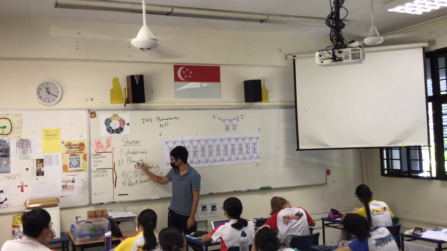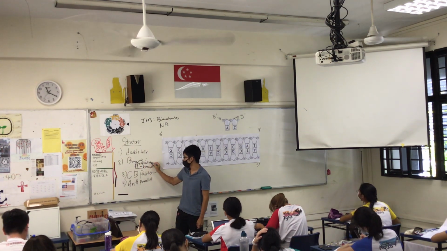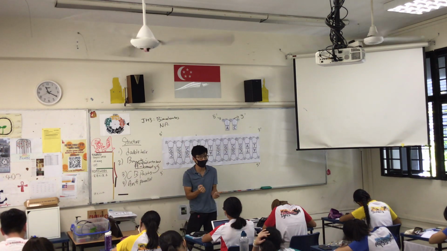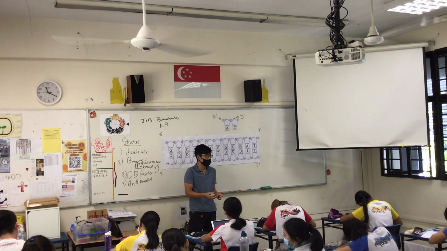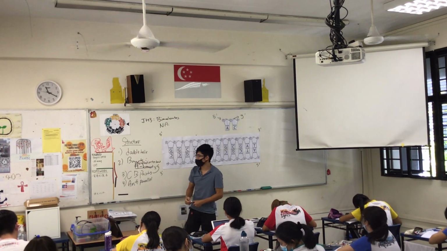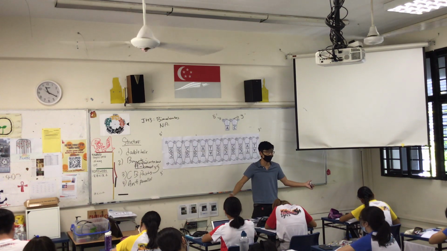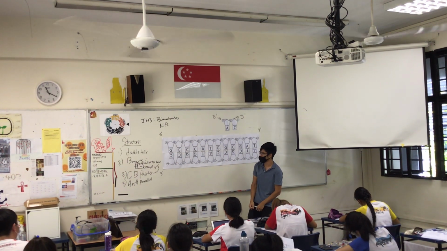If we talk about bonds, there are phosphodiester bonds found between nucleotides holding them together. They are a form of covalent bond, which is quite strong. Hydrogen bonds are the weaker ones, but by sheer number, it makes it quite strong. So we have phosphodiester bonds as covalent bonds.